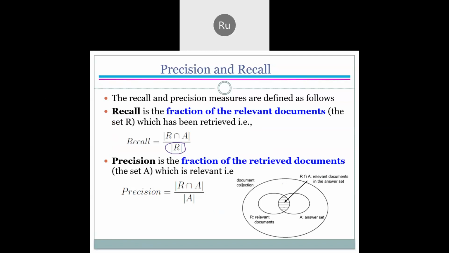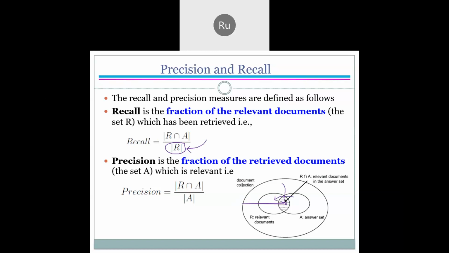That's why we are looking at this intersection here: how much of the answer section can cover the relevant documents. So recall is the fraction of relevant documents being retrieved, and the divider here is the number of relevant documents.